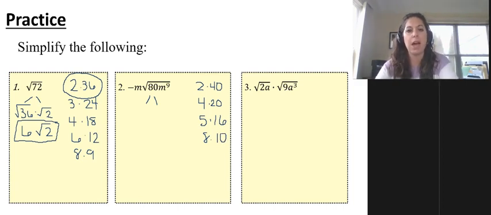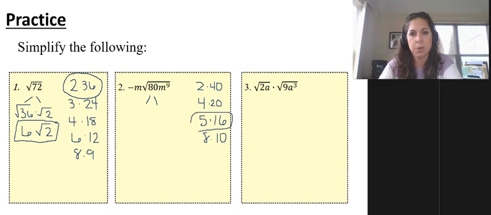So basically, out of all of these factors, what is our largest perfect square? Well, our largest perfect square would be 16. So we want the factors of 5 and 16. So I'm going to rewrite this as negative m times the square root of 16 times the square root of 5 times the square root of m to the 9th.